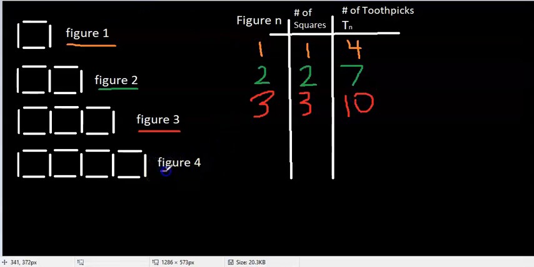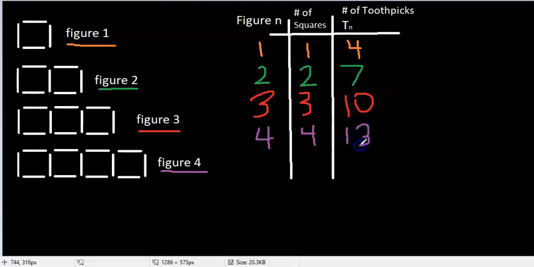We'll continue to do it with Figure 4, where we have figure number 4. The total number of squares is 1, 2, 3, and 4 squares. And the total number of toothpicks is 13.